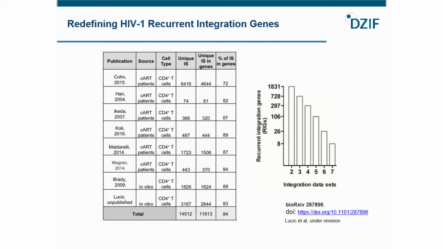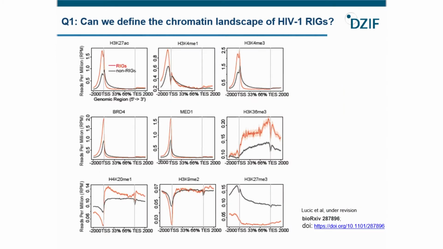So what we wanted to know is now what is happening with these genes, why are they so peculiar, what are their chromatin signatures, how are they organized. And we first defined the chromatin landscape of these genes by doing a number of chromatin immunoprecipitations genome-wide.